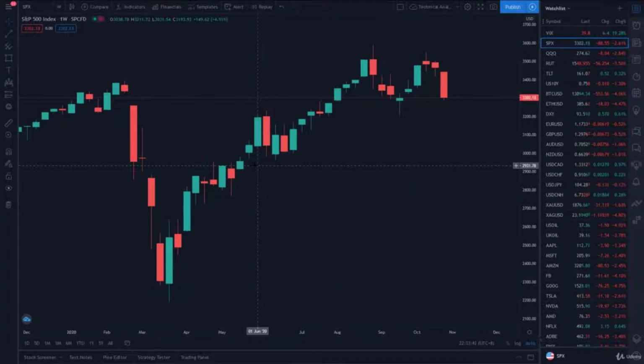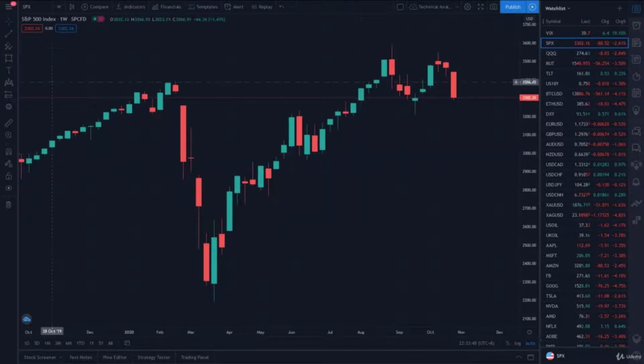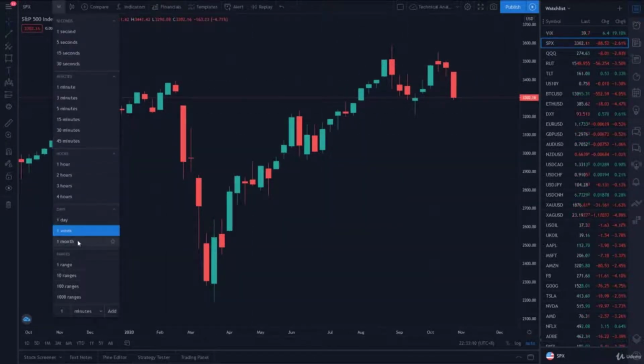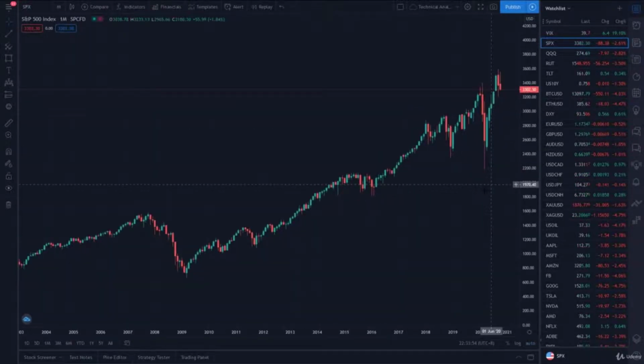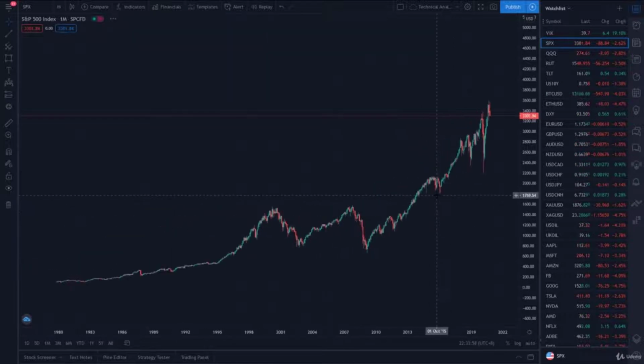Okay, let me give you an example. Let's take a look at the SPX. Let's go down from the monthly chart first. On the monthly chart, get as long a timeline as you can, and then you see the overall trend. Looking at the long-term timeline of SPX, since the 1980s until now, it's in an uptrend.